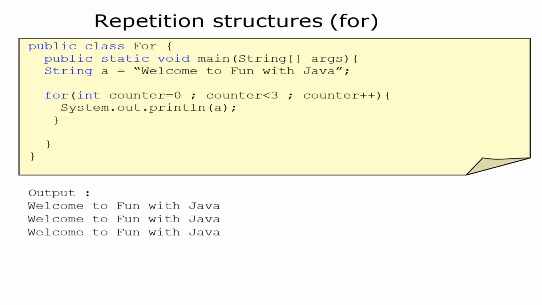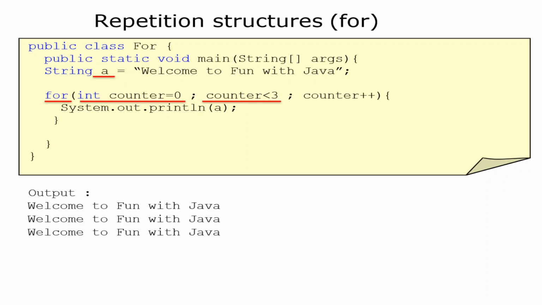Using for loop will make your code shorter. We write, set, we assign A as a string "welcome to fun with Java". And inside the for statement, there are 3 pieces of information. What is that? First is the initial action.